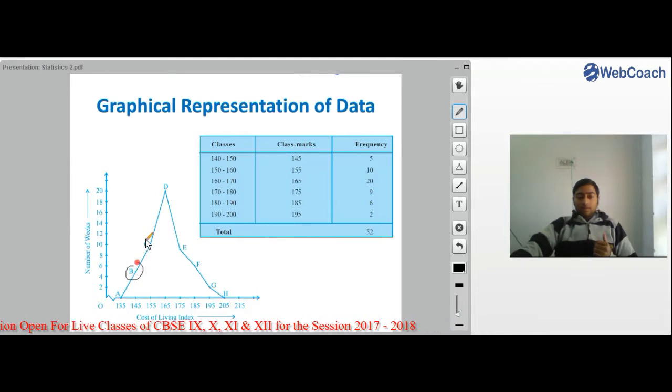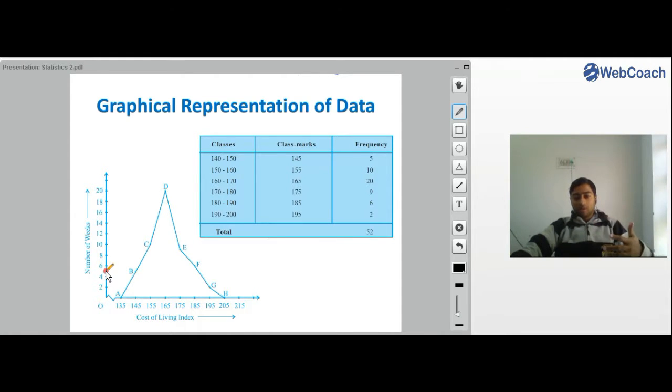And now you can see these are our obtained class marks, and we have here the corresponding frequencies. Here, you can see B is just above 4 and just below 6, so B corresponds to frequency 5, and also B corresponds to class mark 145, right?